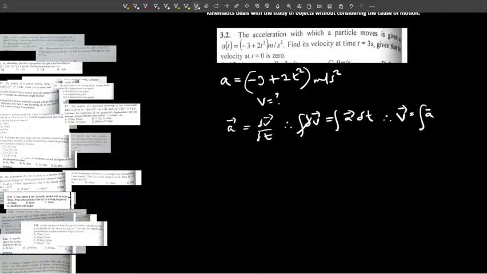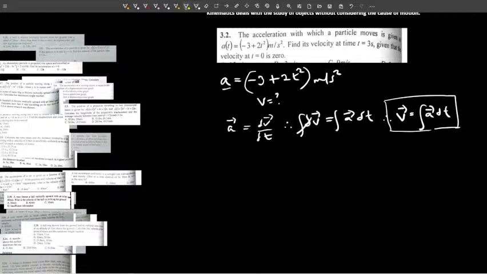We know that acceleration equals dv over dt. If I cross multiply, dv equals a dt. Integrate both sides, this cancels out this. So velocity equals the integral of a dt. That means if I integrate my acceleration, I will get velocity.